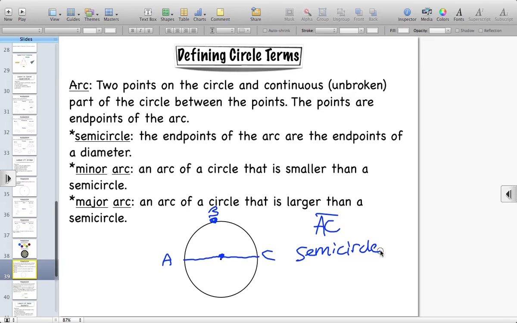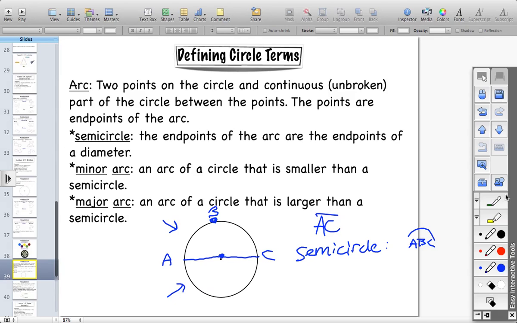And so we would call this arc ABC or arc CBA, whatever you want to call it, but A and C being the endpoints. And we use this little symbol, looks like a little umbrella, over the points to call it that arc. So this is semicircle ABC. The top half is half the circle, the bottom half is half the circle. That's going to be our arc.